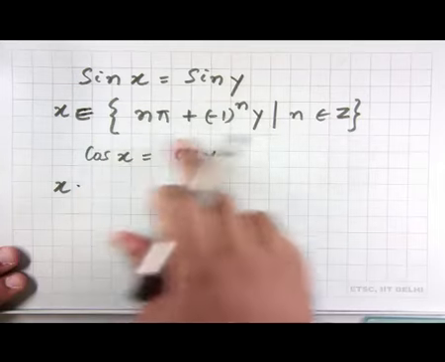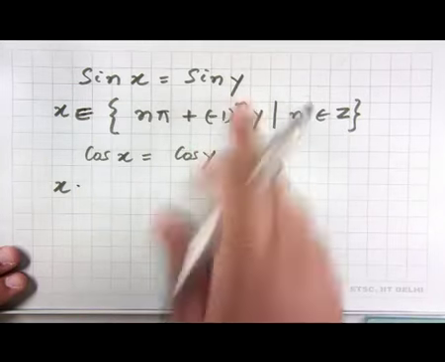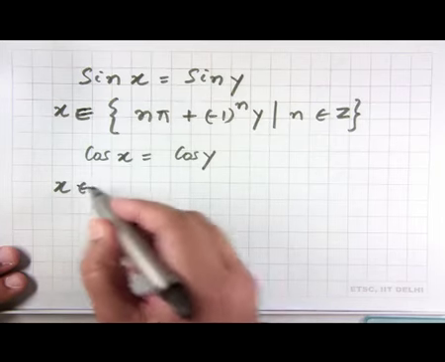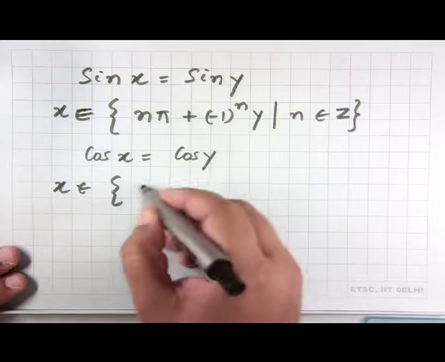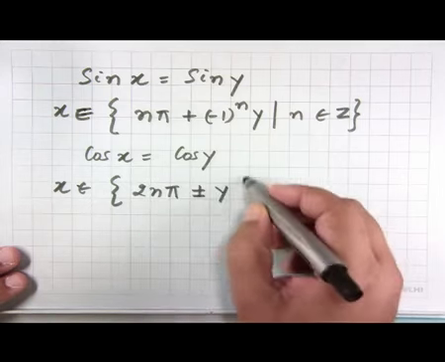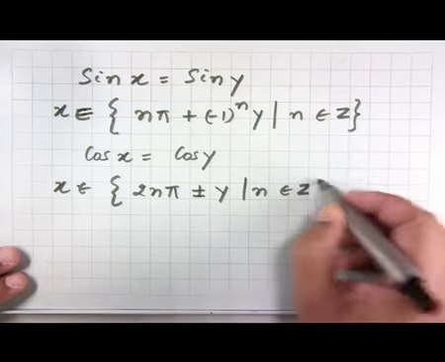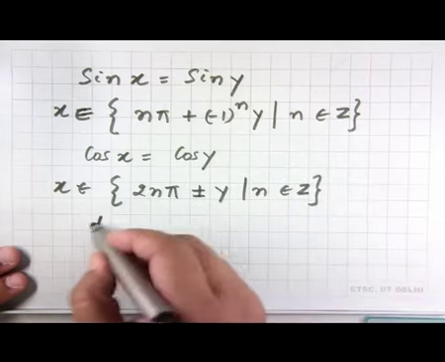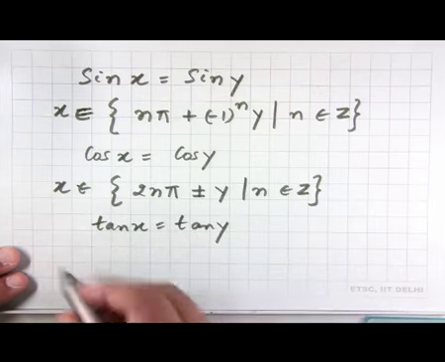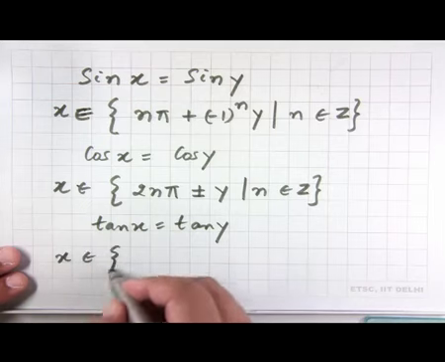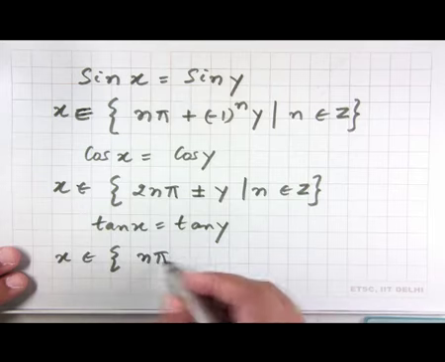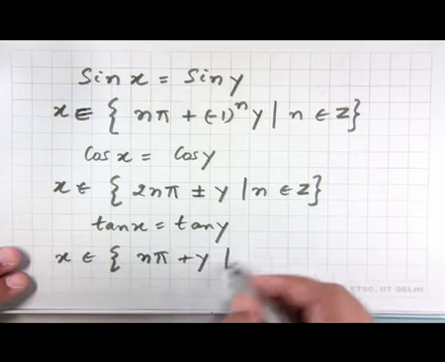So, this is the general solution set for this equation, and for cos x equal to cos y, x belongs to the set 2 n pi plus minus y for all integers n, and for the equation tan x equal to tan y, we showed that the general solution set was of the form n pi plus y for integer n.